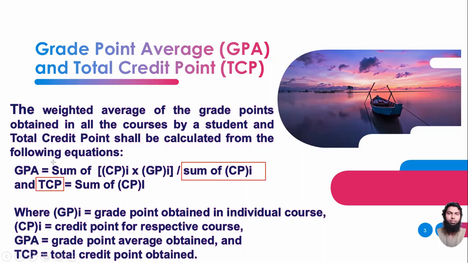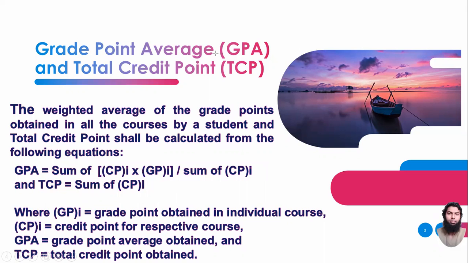So we have to calculate the sum of individual credit point multiplied by grade point, and then divide the result by the total credit point.